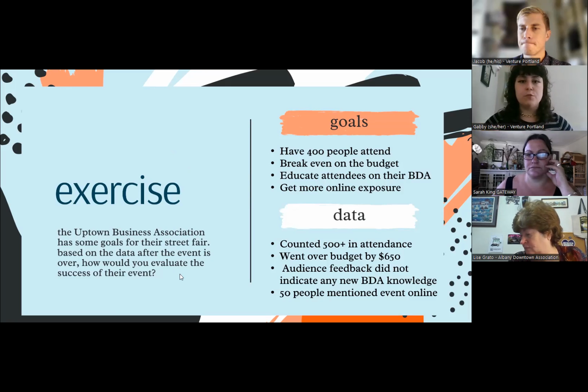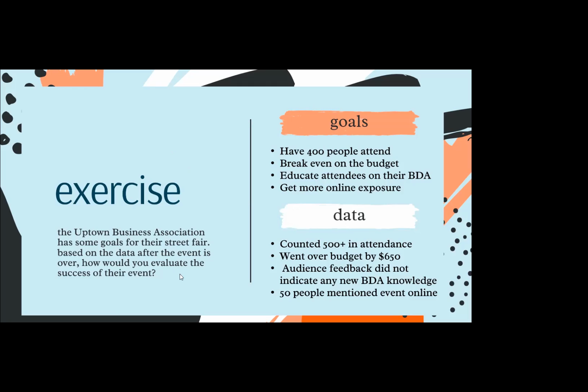When it comes to social media engagement, I always encourage folks to aim for about 10% of your overall attendees. That seems to be about as many people that want to generate content while they're at your event. So 50 people mentioning the event online is a really standard amount of interaction for a 500-person event.